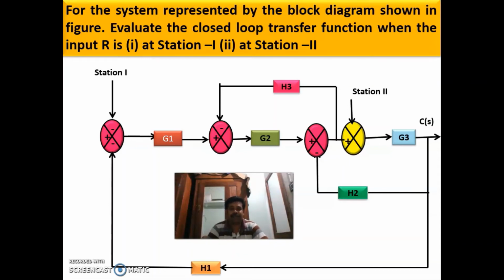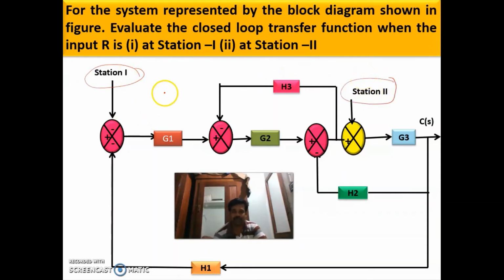For the system represented by the block diagram shown in figure, evaluate the closed loop transfer function when the input R is at station 1 and in the second condition it is at station 2. So in this problem you have two inputs, one at station 1 and another at station 2.